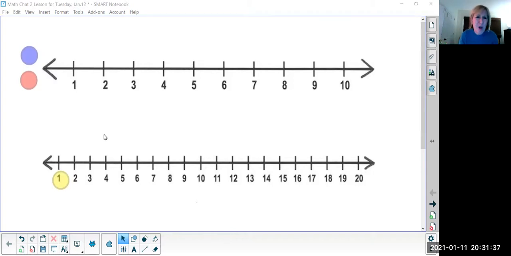Now, you could do all kinds of equations. There are so many ways to get 10 snowmen. You could have moved these down here. You could have done it differently.